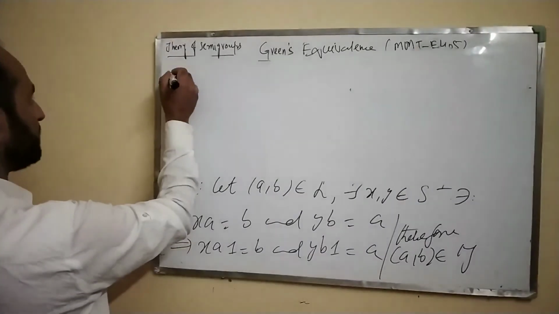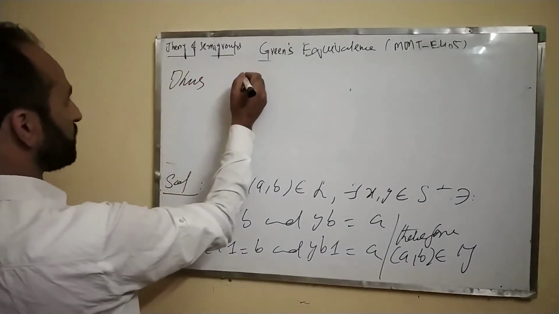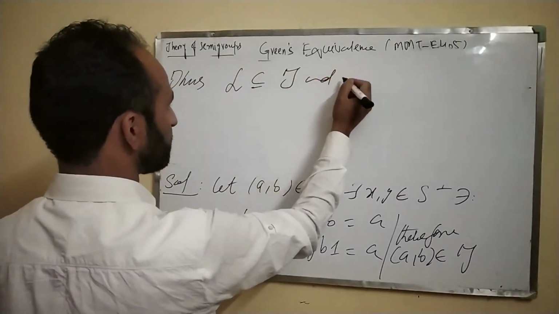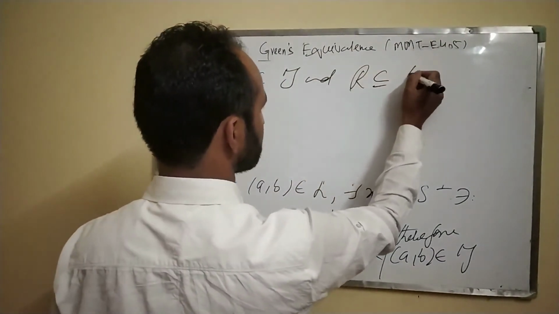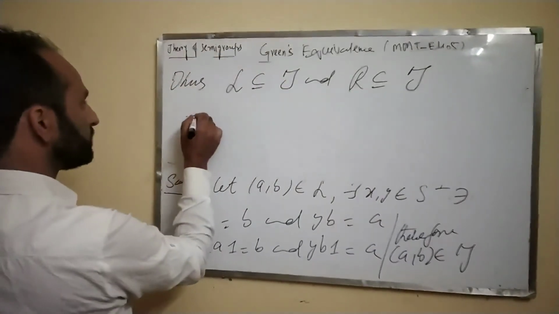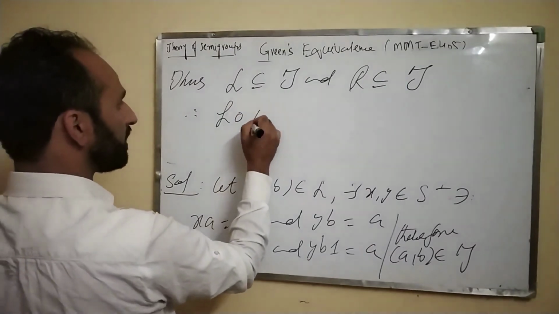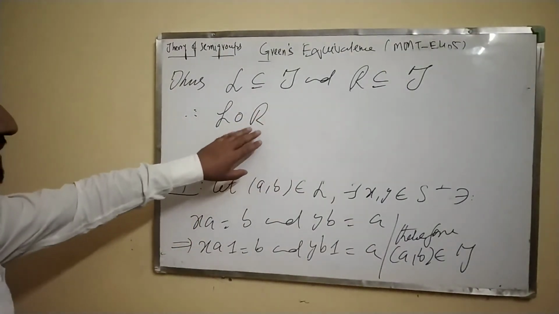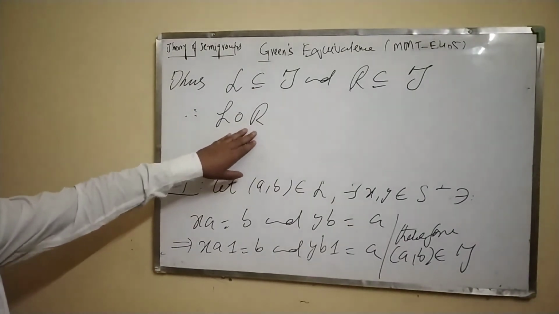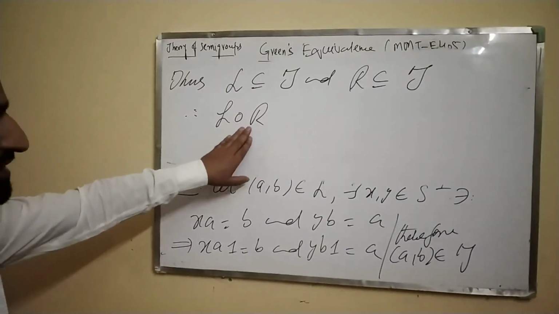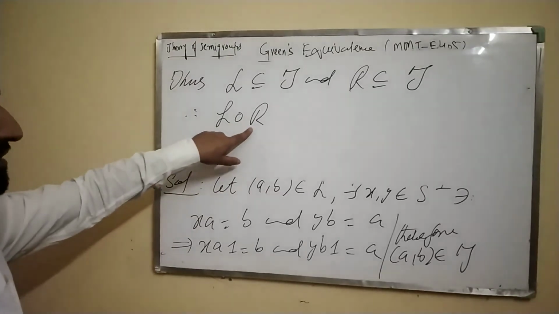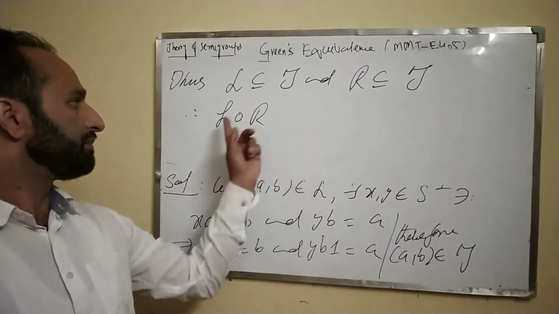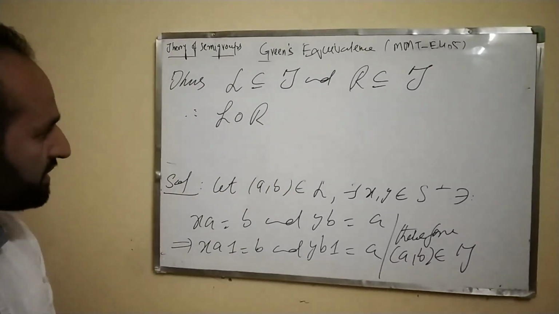Thus both L relation and R relation are subsets of J relation. Therefore L composition R, because it's the least equivalence, as we have seen, that's the least upper bound of L and R, or the smallest equivalence relation containing L and R. J is also an equivalence relation containing L and R, but L composition R is the smallest.